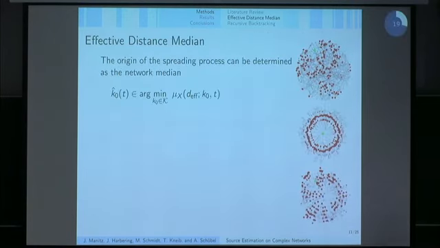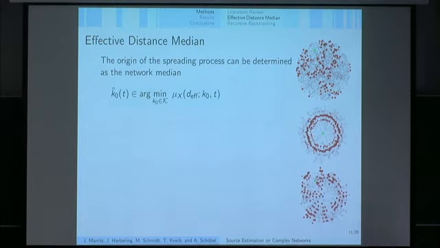Based on this, we generalized the effective distance source detection method we used, which was originally introduced by Brockmann and Helbing, and define the origin as the minimization of some expectation, and it's the expectation of the effective distance from the considered source candidate k0 to all the other nodes in the network.